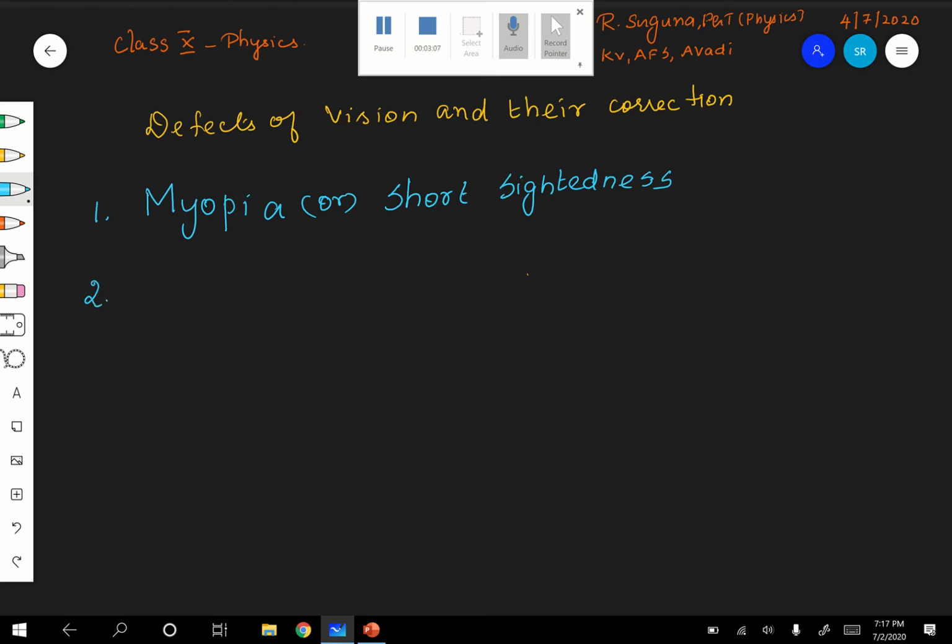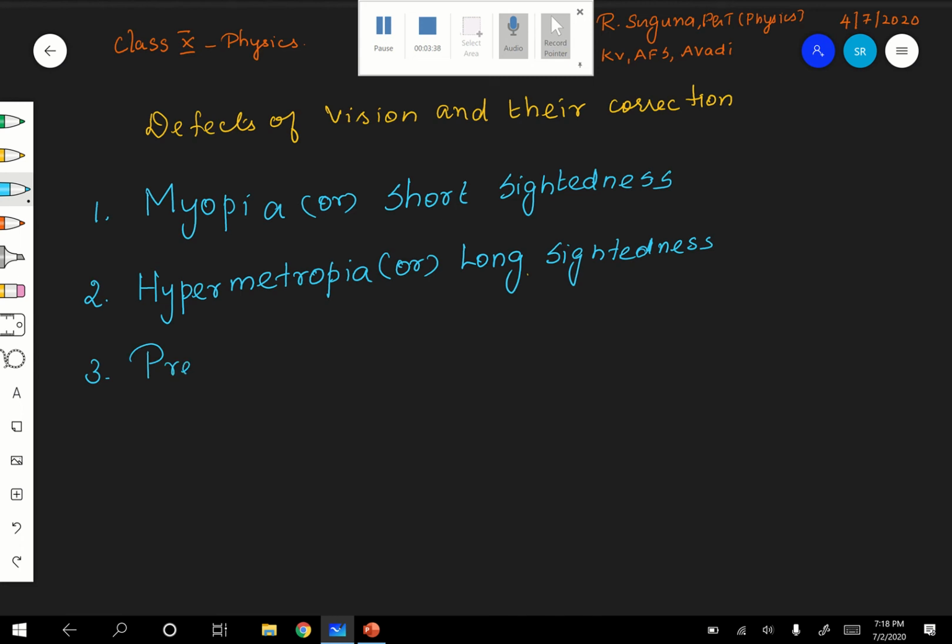Number 2, hypermetropia or long-sightedness. And the third important defect is presbyopia.